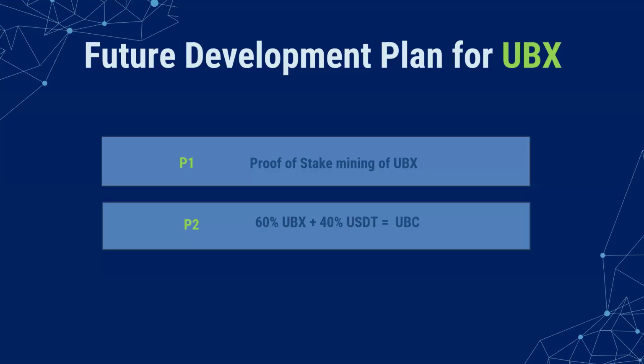Now, what is UBC token? For example, don't quote me, but I'm just guessing. Nothing is confirmed yet, but these are things and information I heard and rumors that I heard.